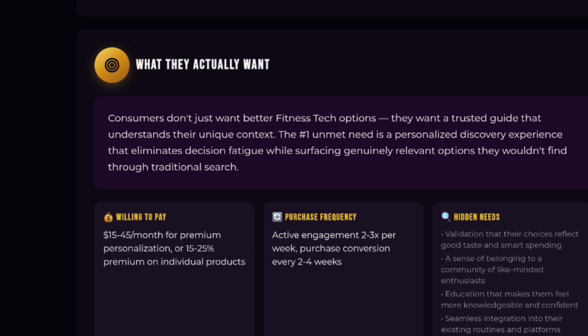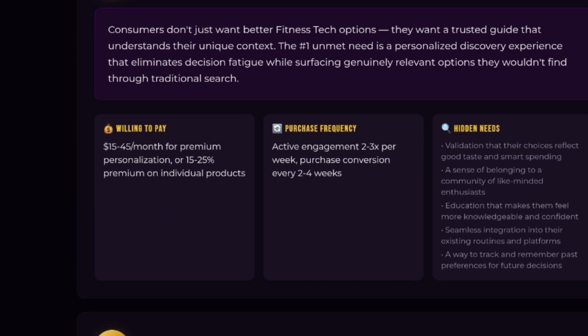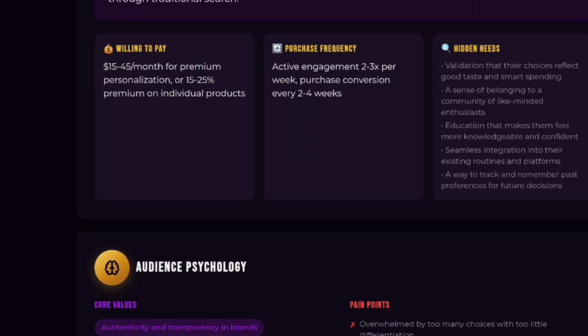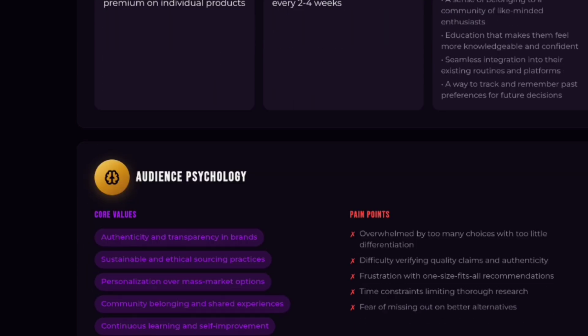So they're looking for something very, very specific, and this is where you can come in and show off your tech skills and put something together that's very unique. And then that's the pricing, what they're willing to pay, the purchase frequency, and the hidden needs that you might not think of from the get-go, but it's actually something that's really intuitive in what they need.